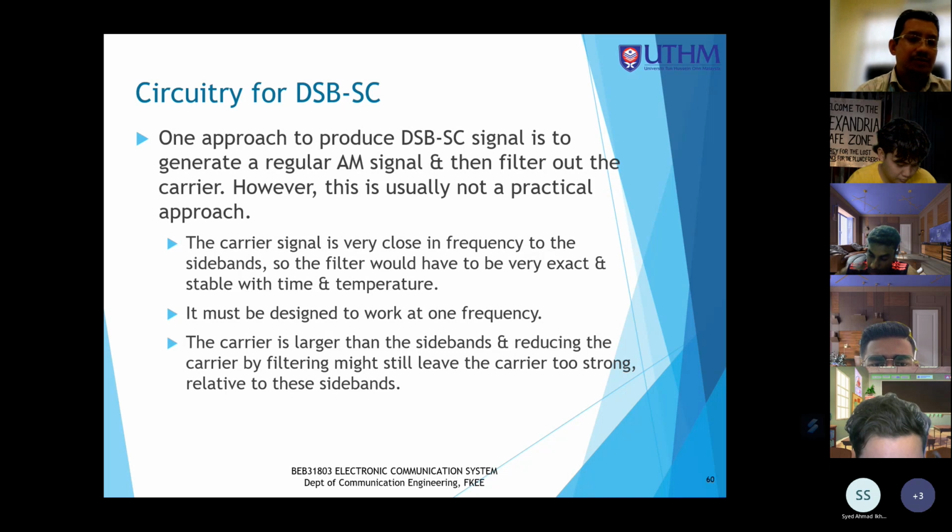Okay, so this is about the double sideband suppressed carrier.